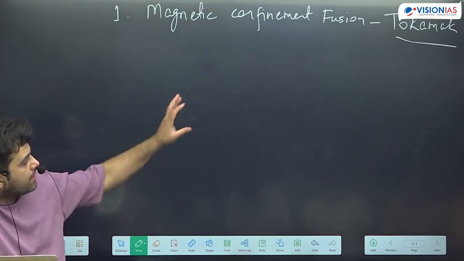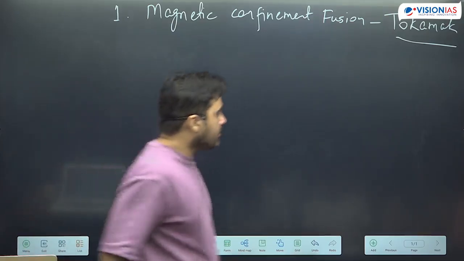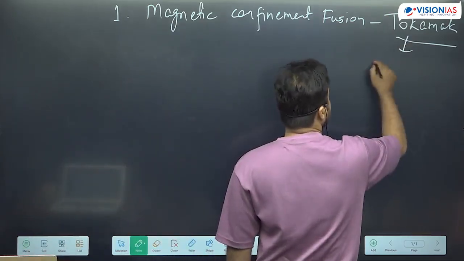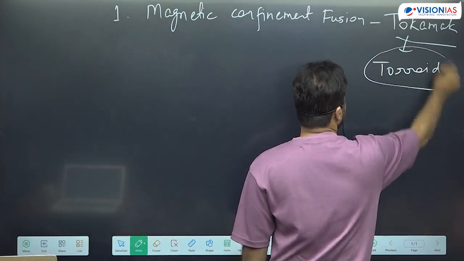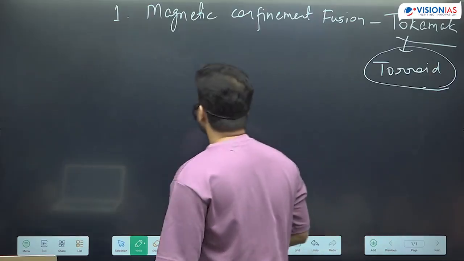So tokamak hai, this is a toroid shaped device which aims to do that. That shape which we show is called toroid.